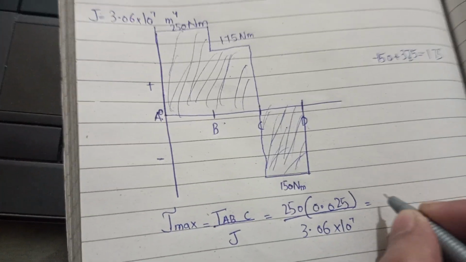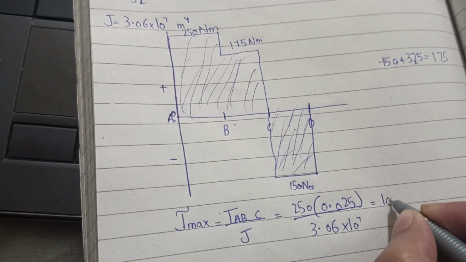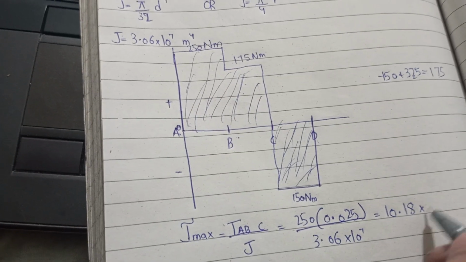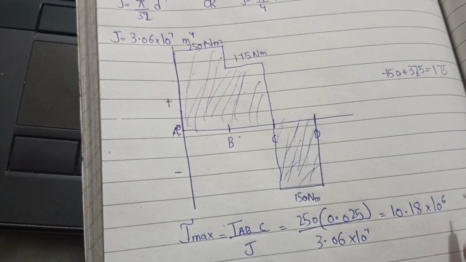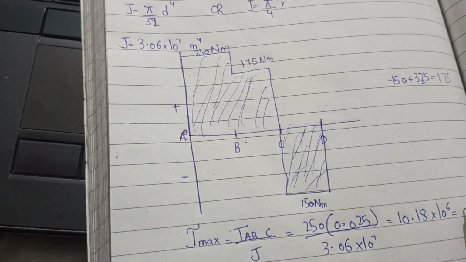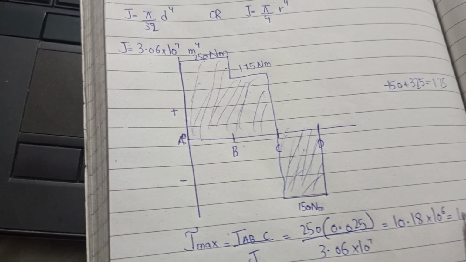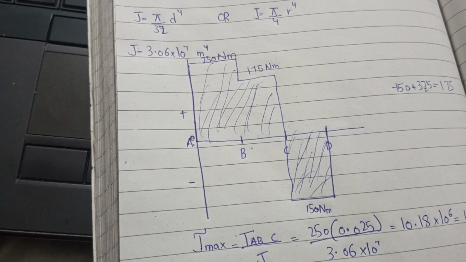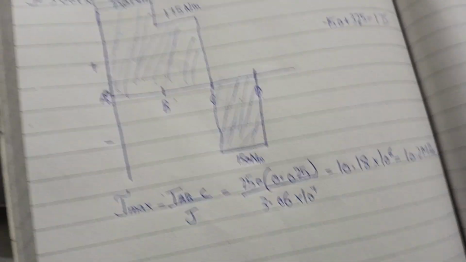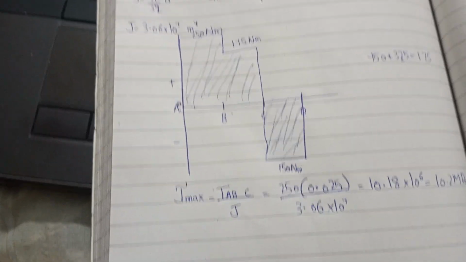After this calculation we get the answer, which is 10.18 multiplied by 10 to the power 6, which is equal to 10.2 megapascal. Here we get the answer.